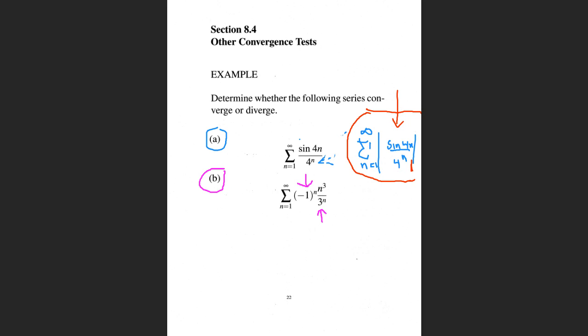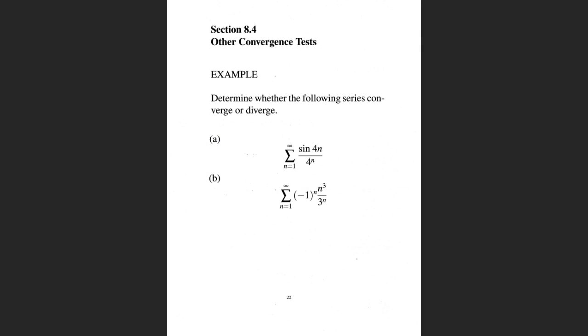Now, would the alternating series test apply? So let me ask you this. I'm focused here on B. So b sub n is n cubed over 3 to the nth power.